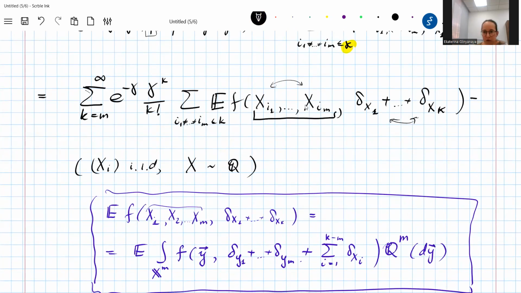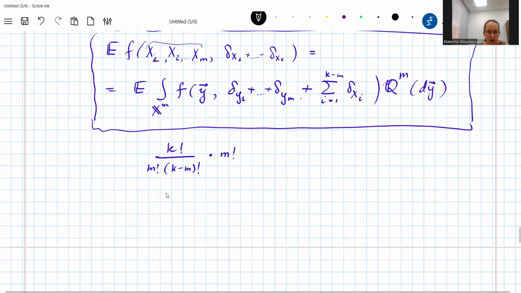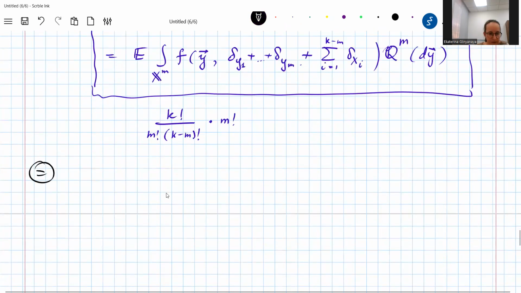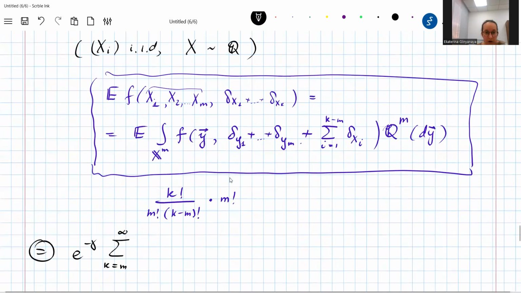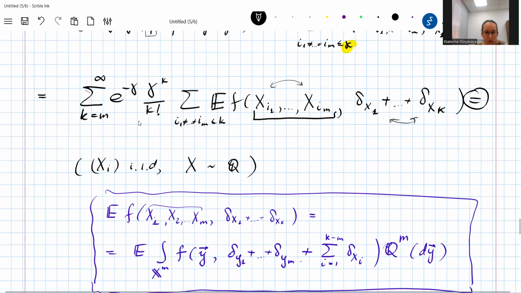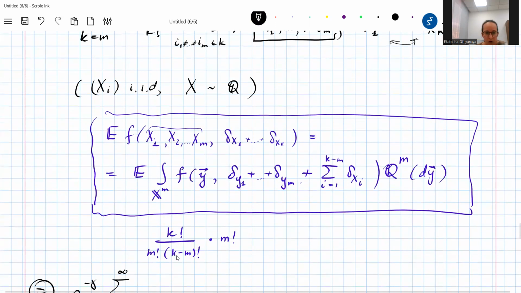So let me continue. What do I have? e to the power minus gamma, sum from m to infinity. And here I have this summand as well, k factorial.